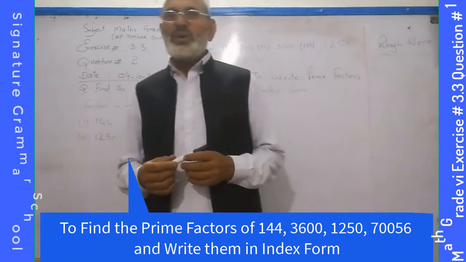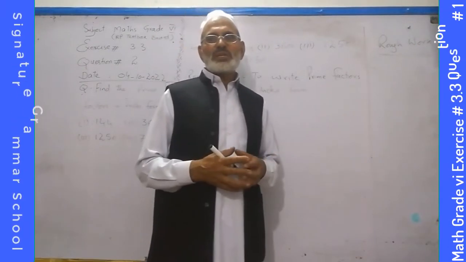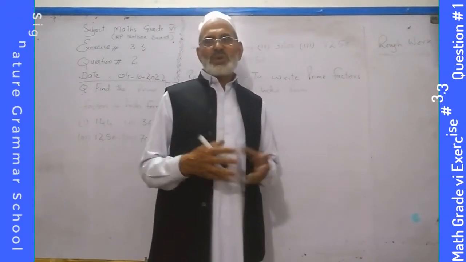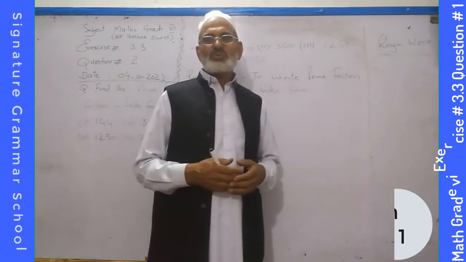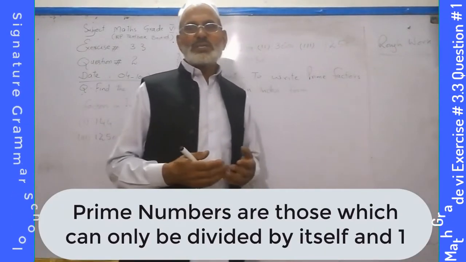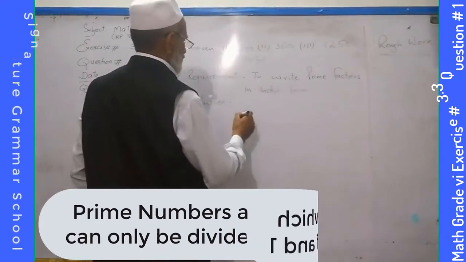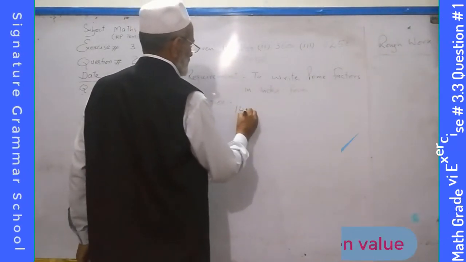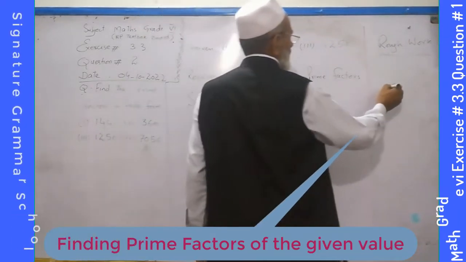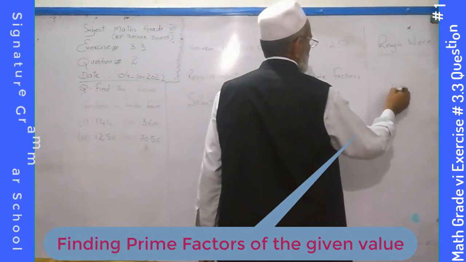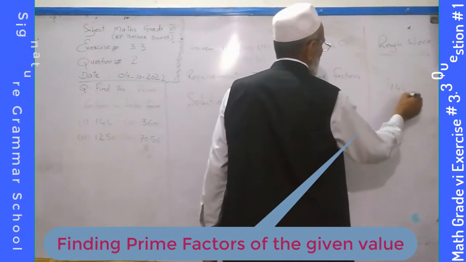Now here, first of all, we will find out the prime factors. Prime factors in prime numbers are those which can be divided by itself and by 1. So, taking the first one, that is 144. It will be like this. 144, I wrote it here. I draw 2 lines.